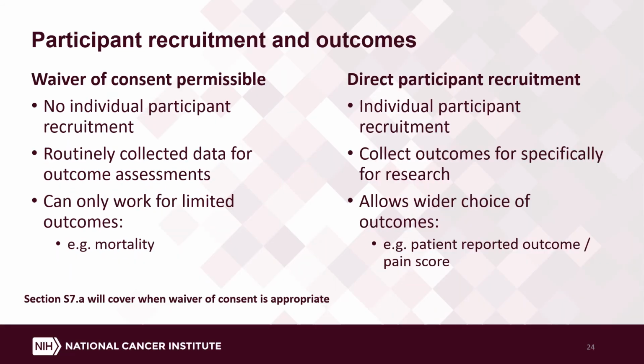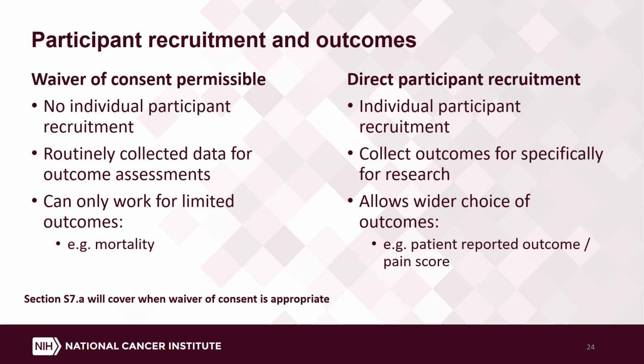Now, there tends to be a direct parallel between participant recruitment and outcomes. So in settings where waiver of consent is permissible, we tend not to have individual participant recruitment. We might rely on routinely collected data for outcome assessments, but this can only work for a limited set of outcomes, for example, mortality, which are routinely collected.